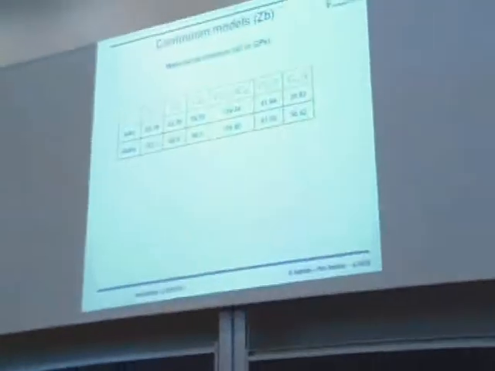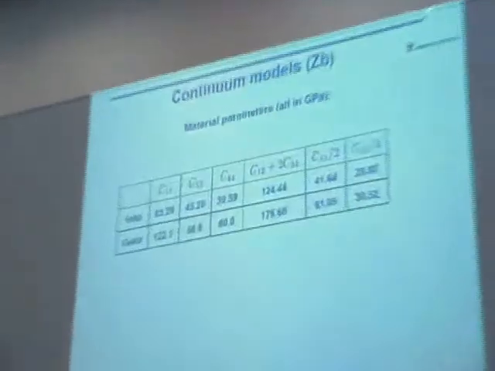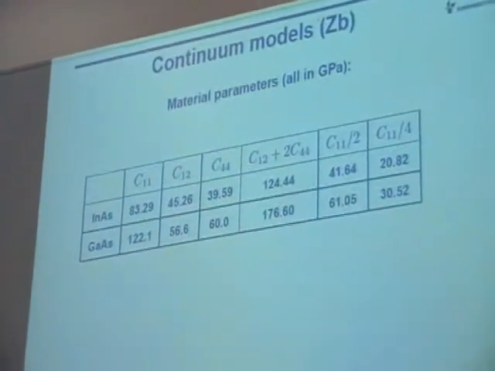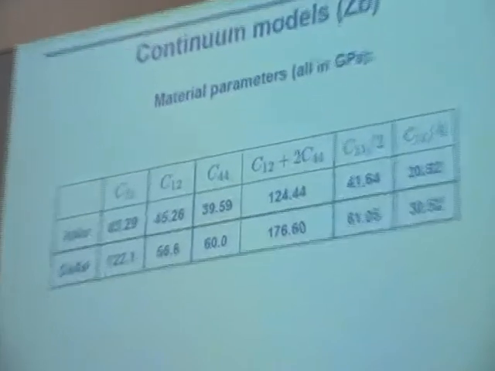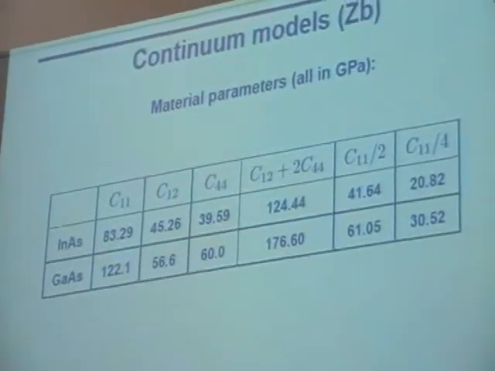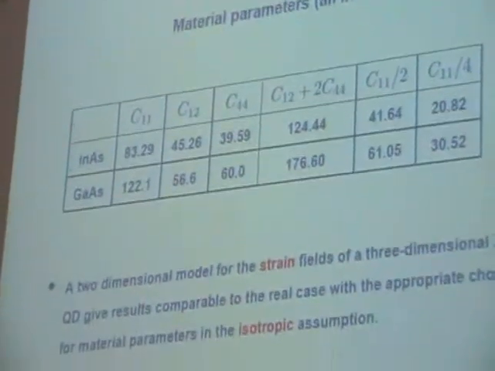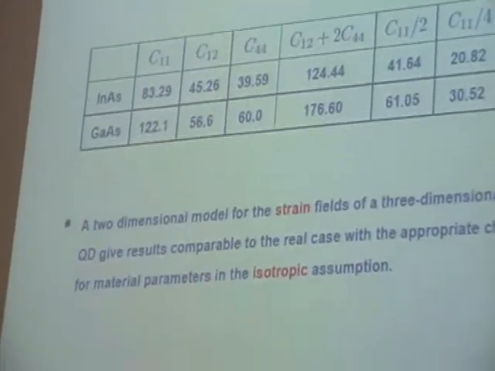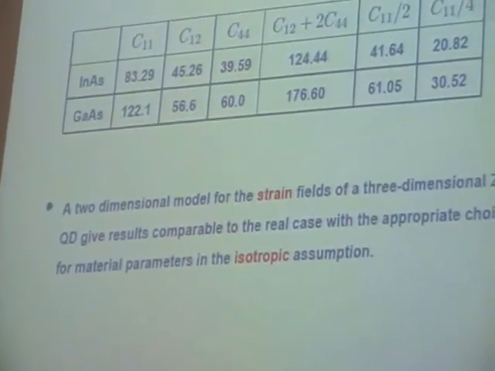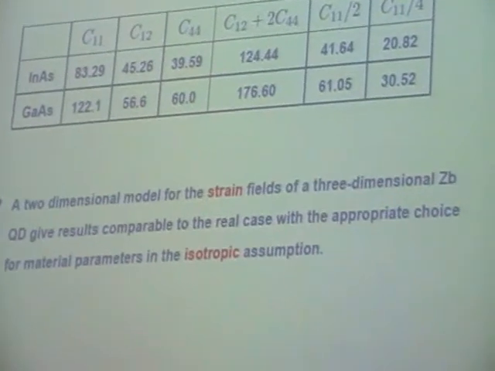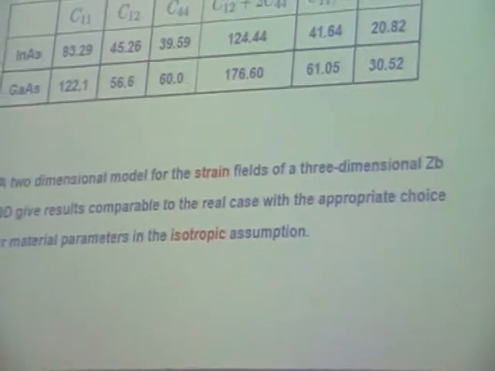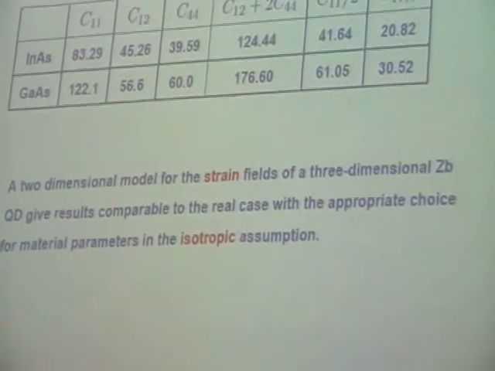For C44, we have a big error of 40%, which seems to have less influence than the first one, probably because of the orientation of the crystal. So we can conclude in this case that with an appropriate choice of the parameters, we can use the two-dimensional model with this isotropic assumption, which gives results comparable with the real anisotropic three-dimensional case.